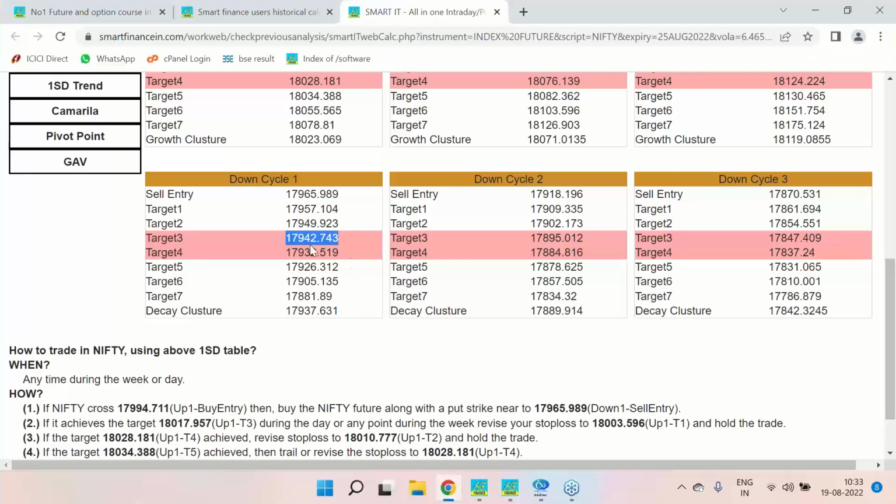Our calculation pointed to this being the reversal zone. When we did the calculation, Nifty was at 17,972. The 66 level gave a breakout. However, it has reversed from here.